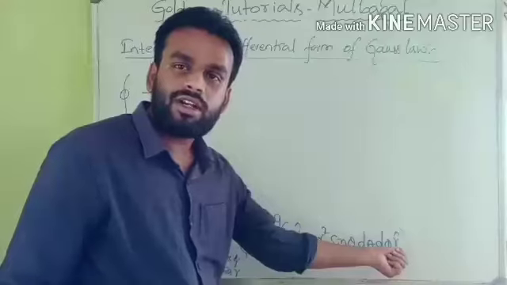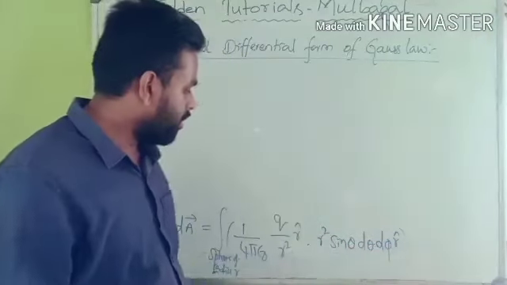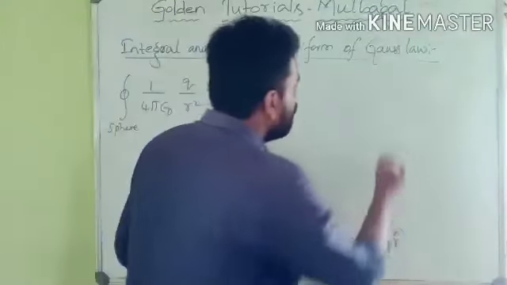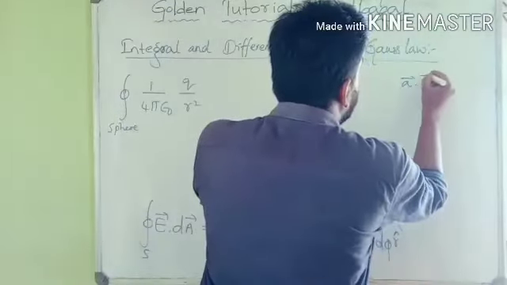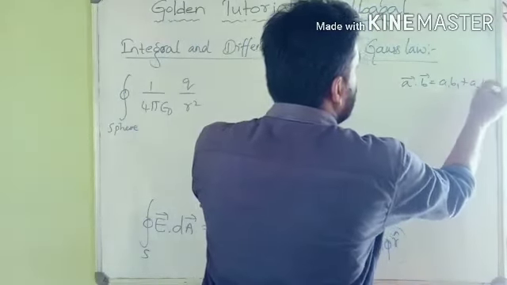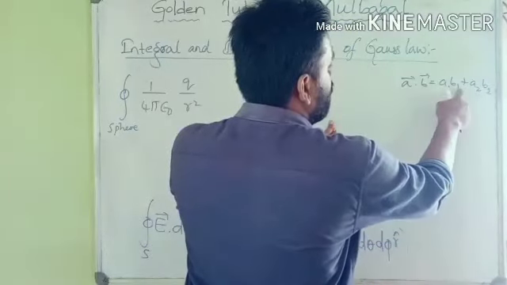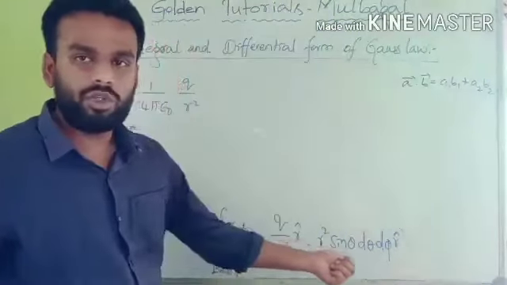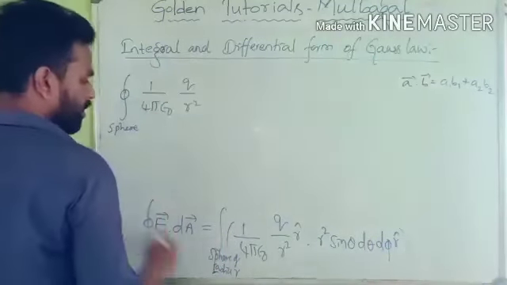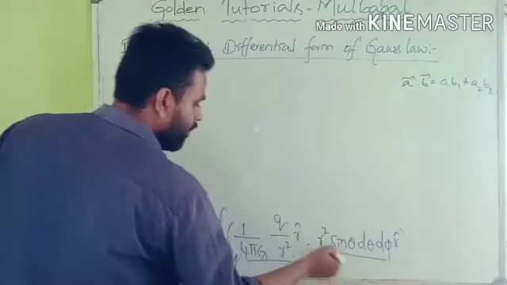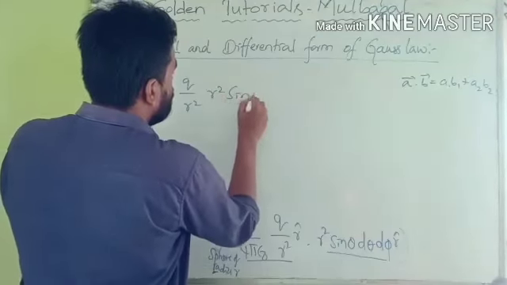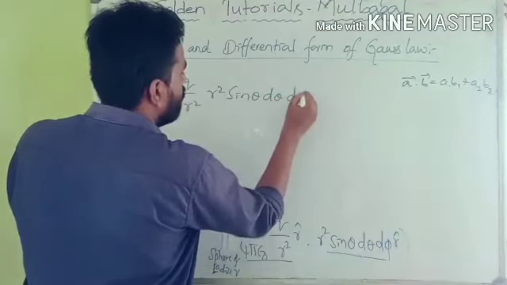Here also r cap is the unit vector along the radius of the sphere. So it is of the form vector A dot B, and you know that A dot B is given by A1 B1 plus A2 B2, where A1 and B1 are the components of the two vectors. Since there is only one component for each vector, I am going to write it as A1 times B1. Therefore, it is 1 over r square into r square sin theta d theta d phi.